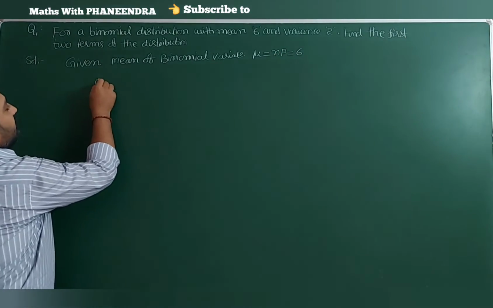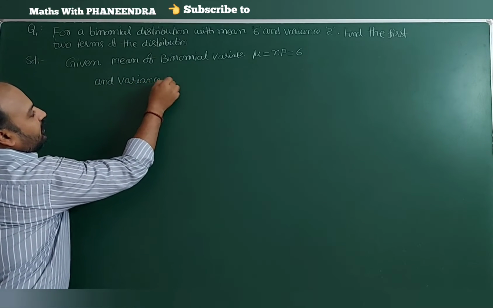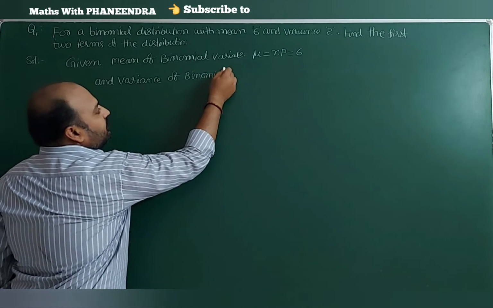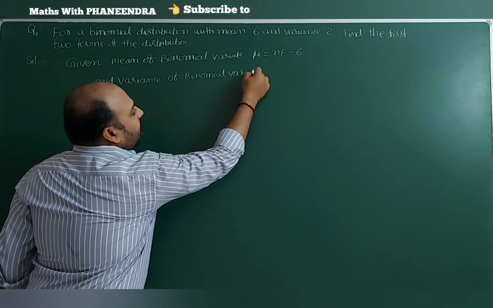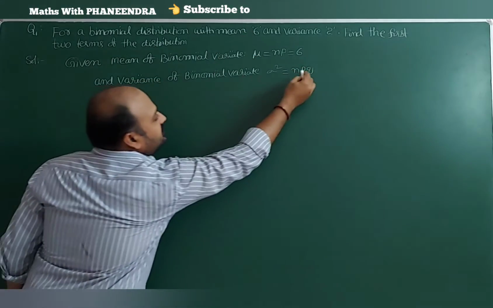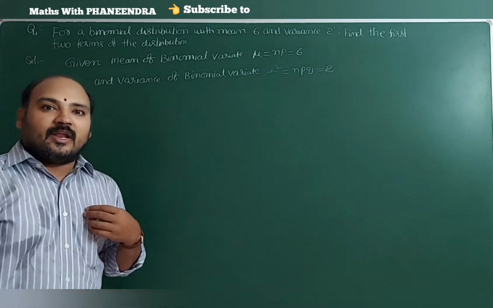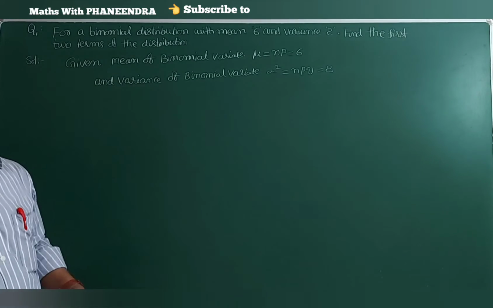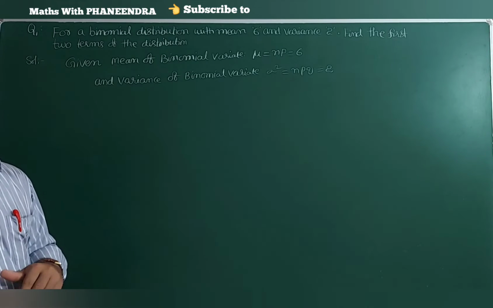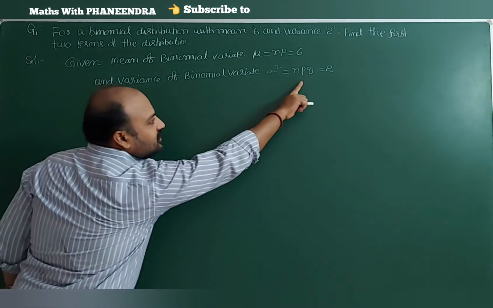And the variance of the binomial variate, sigma square is equal to npq, is given as 2. From this, we need to calculate the value of n, the number of times the experiment is conducted. So np is equal to 6, npq is equal to 2.